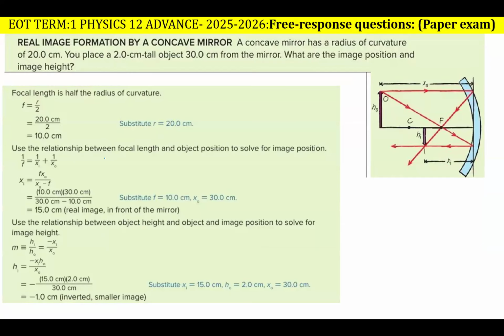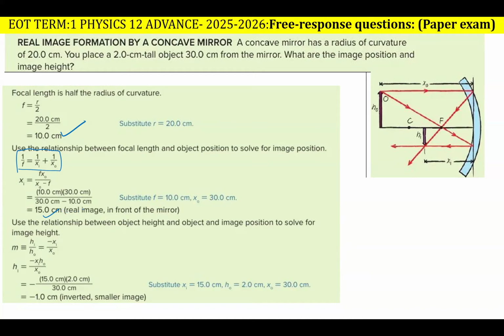Okay, so focal length is equal to radius by 2. So 20 divided by 2 is 10 centimeters. Now we use the equation 1 by f is equal to 1 by xi plus 1 by xo. You substitute and we get the value as 15 centimeter. So xi was positive, which means it is always a real image.